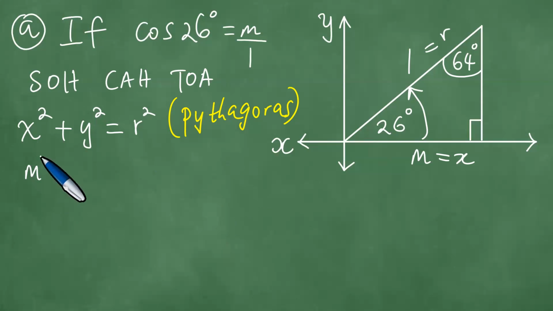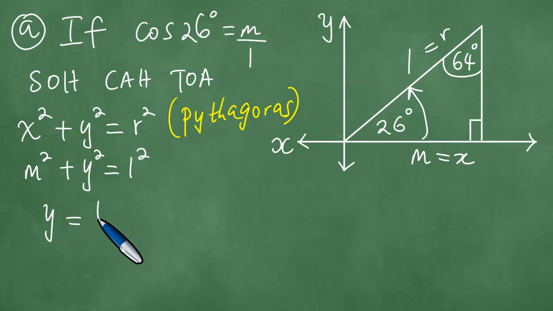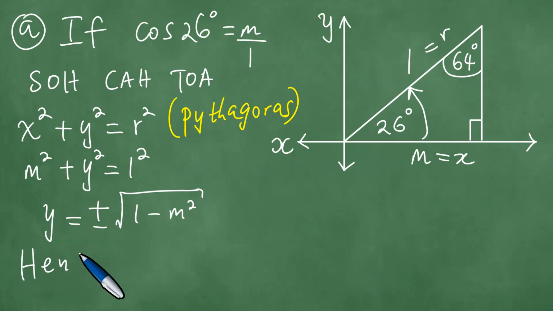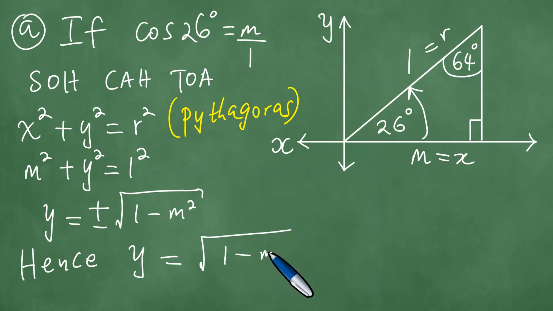So our x is m squared, y is what we're looking for, and r is 1. We solve for y, and y becomes plus or minus the square root of 1 minus m squared. Since 26 degrees is an acute angle in the first quadrant, y is only the square root of 1 minus m squared.